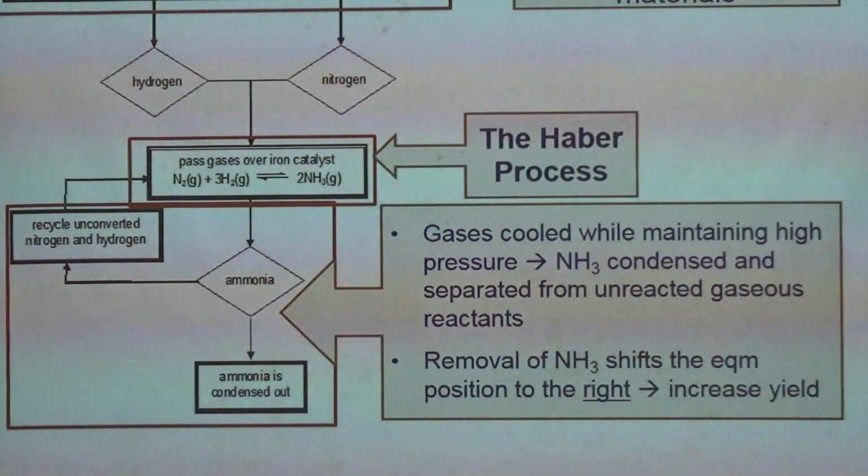This will then continue to favor the forward reaction. So this will increase the yield of ammonia. Right, so by constantly removing away the condensed ammonia, you increase the yield. Just like how the washing machine uses repeated wash, rinse cycle to remove the soap and detergent from the clothes.